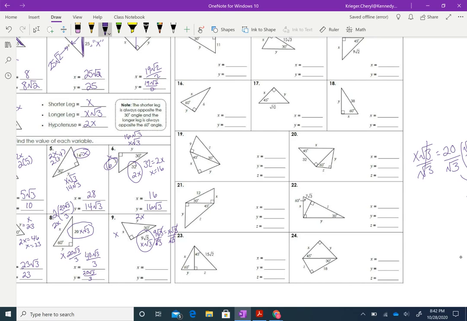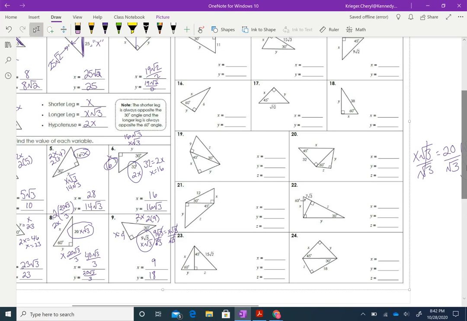So the shortest side, x, is 9. Okay, and the hypotenuse, the 2x, is 2 times 9, which is 18. So you should kind of be starting to get a hang of it now. I'll leave you some problems to do on the right side.